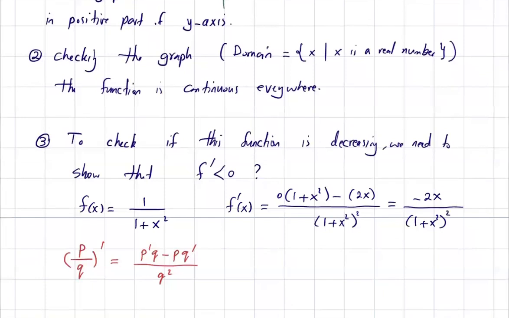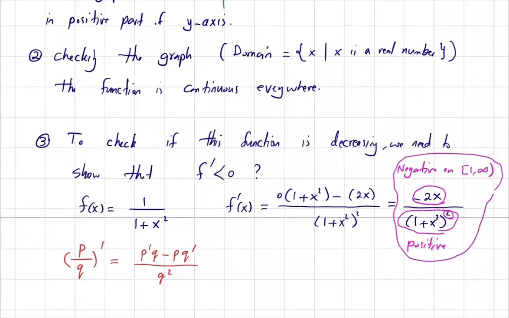But please pay attention here. On the denominator, this guy is always positive because it has exponent 2. My denominator is positive. On the interval 1 to infinity, this quantity is always negative. So what's the meaning of that? It means that the whole fraction is going to be negative. So the derivative f prime is negative. What's the meaning of that for the function?